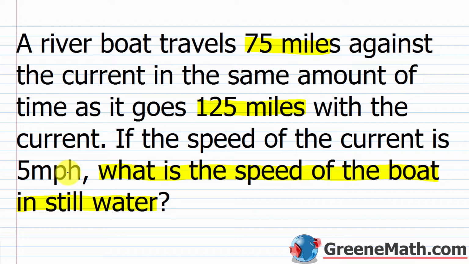That's just a rate of speed for the current. The main question here is, what is the speed of the boat in still water? So let's go ahead and say that the unknown is how fast the boat is going to travel if there's no current involved. And then we can take this information here, this 5 miles per hour, the speed of the current, and we can add or subtract based on the scenario we're in.